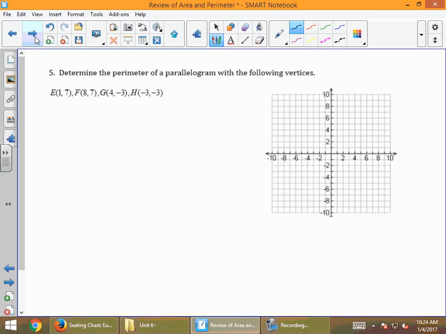So 1, 7, right about there. Call that an E. The other one is F, 8, 7. Other guy, G, 0, -3. G, and H is -3, -3.